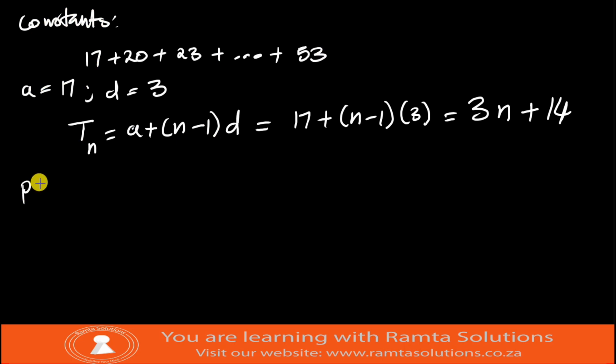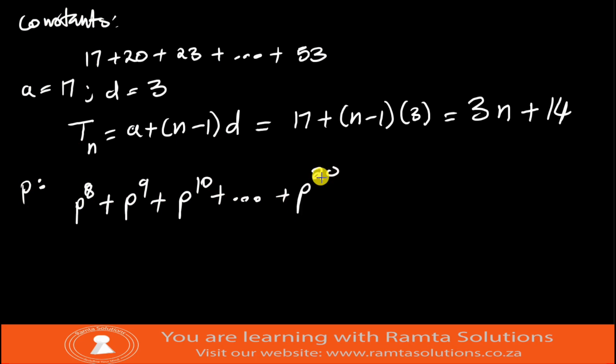Now, for the p's, we had p to the 8 plus p to the 9 plus p to the 10 and so on until p to the 20. I want you to just consider the exponent only. So it looks like our first term is, let's say, 8, and the common difference is 1, right?